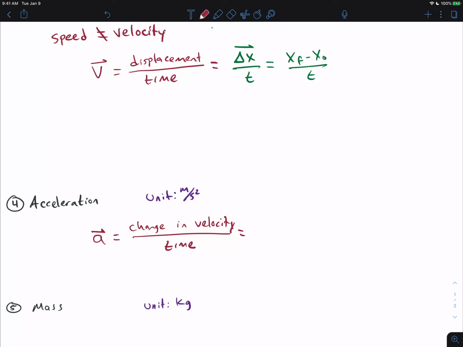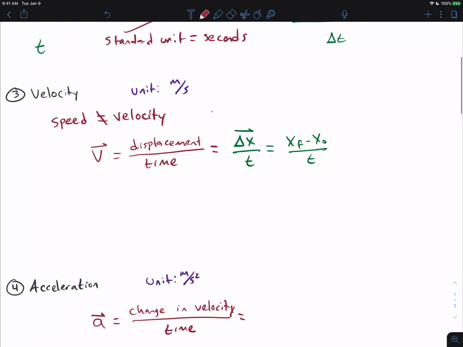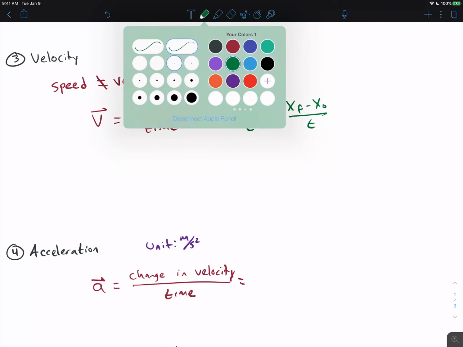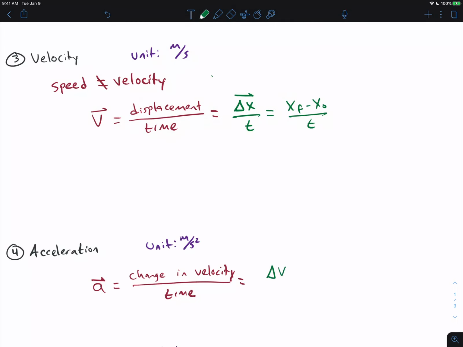So here, for change in velocity, remember I'm going to use the same rule that I did for displacement and for change in time. This is my change in velocity over time, or my final velocity minus my initial velocity over time.